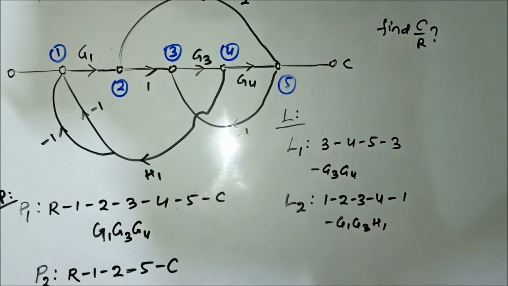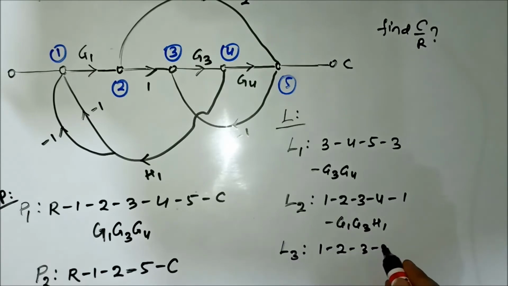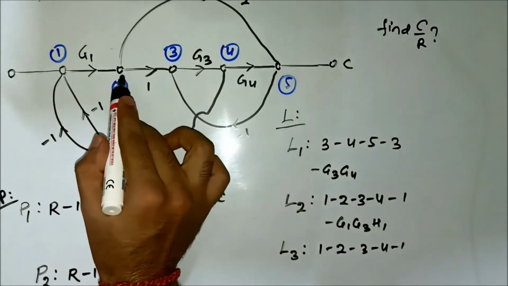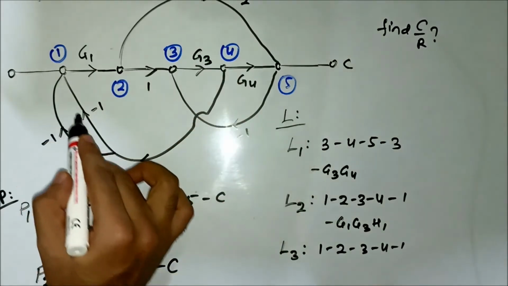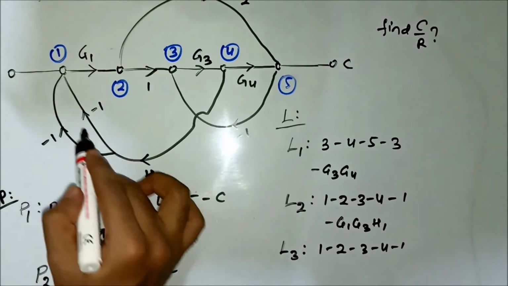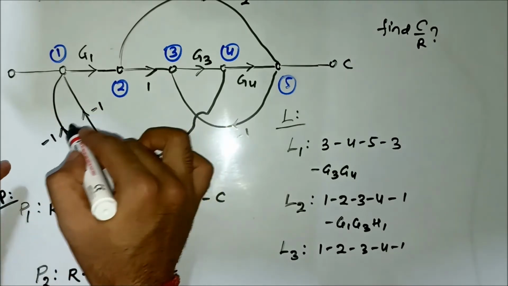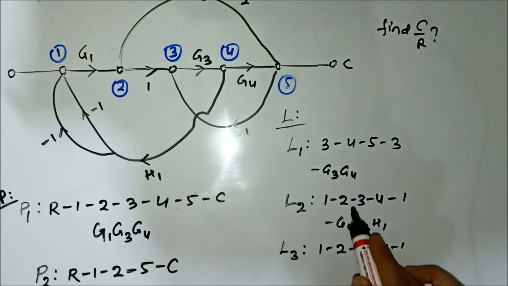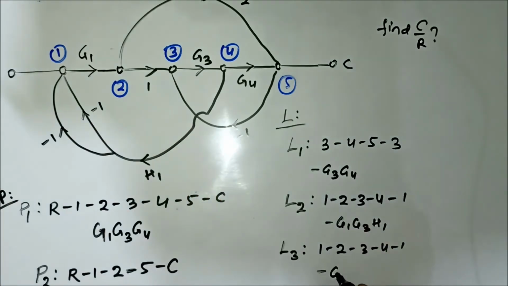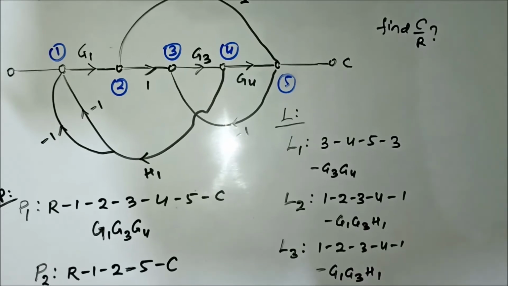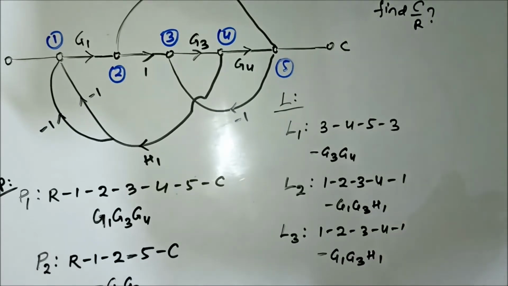So there will be another loop with the same nodes, 1, 2, 3, 4, 1, going through this directed branch and again through the other branch. There are two branches here with the same gains, so the loop gain values are the same, minus G1, G3, H1. So three loops we have identified.